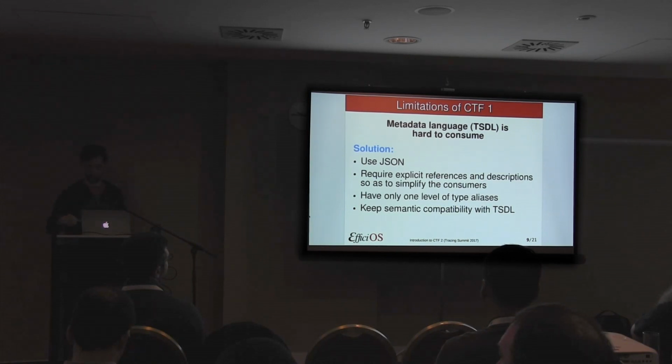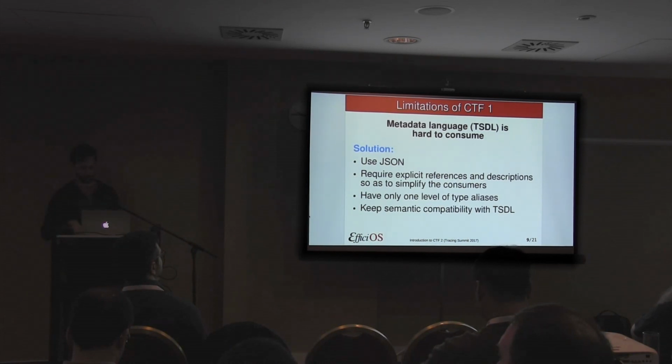We plan to keep the type alias feature. A type alias is associating a name to a field type, like a typedef. But in this case, we will keep only one level, so only one mapping of name to types.